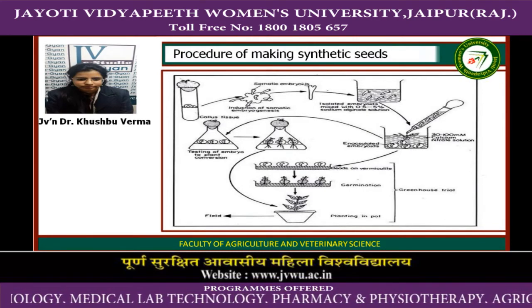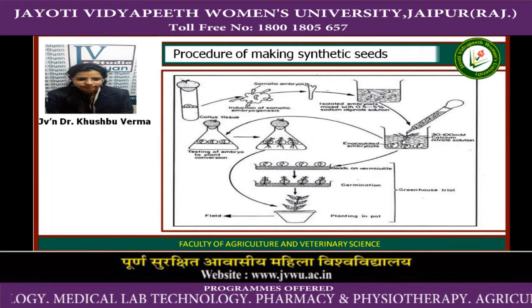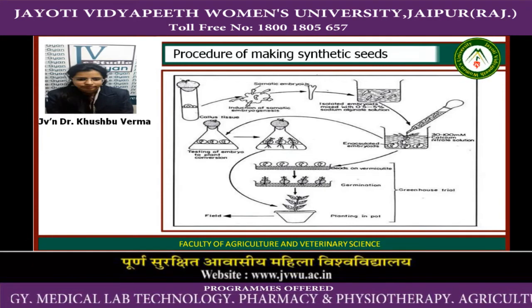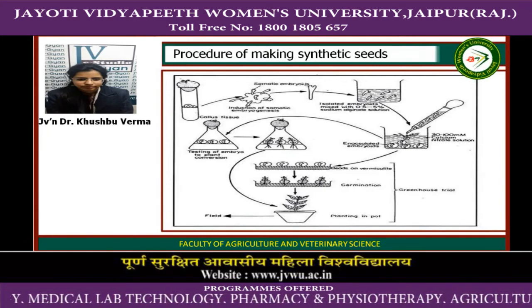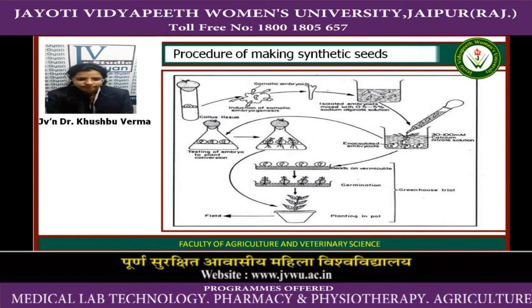Here we can see that first of all we will isolate the callus, which will have the somatic embryos. We will isolate the somatic embryos from the callus, and then mix the isolated embryoids with 0.5 to 5% sodium alginate solution.